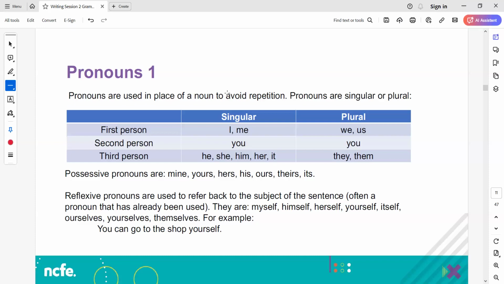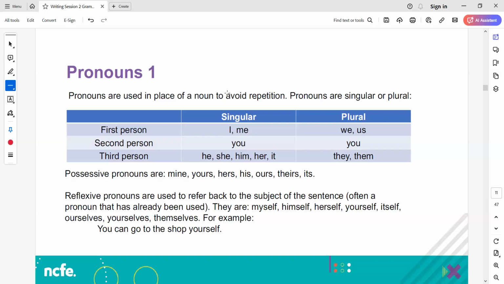For the first person, I and me are the singular pronouns, and the plural are we and us. For the second person, the singular is you, the plural is also you. And for the third person, the singular is he, she, him, her, or it, and the plural is they or them.